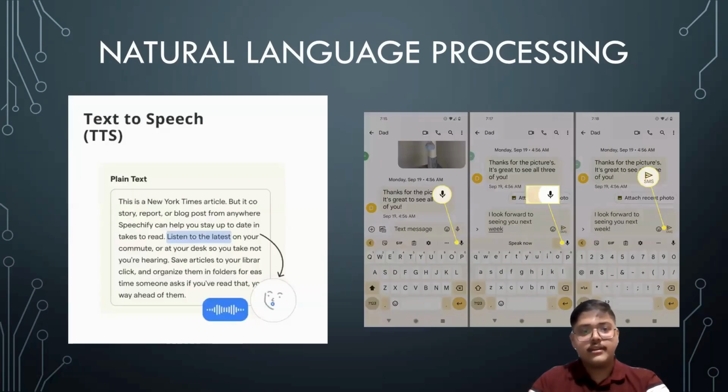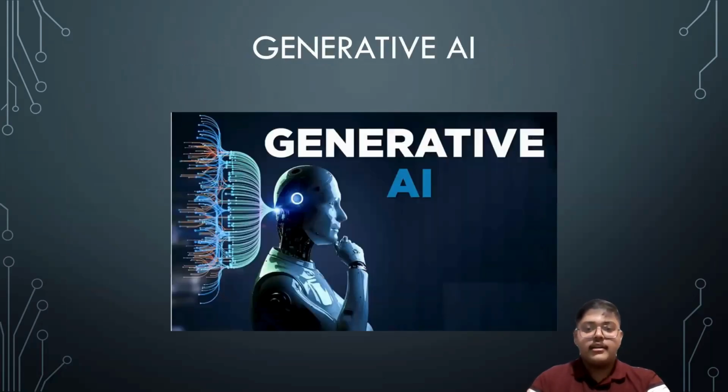Then comes generative AI. All the AI tools available, such as ChatGPT, Gemini, or Copilot, come under the generative AI part. What generative AI does is it has been trained to think like a human, so that it generates proper outputs similar to what a human can do.